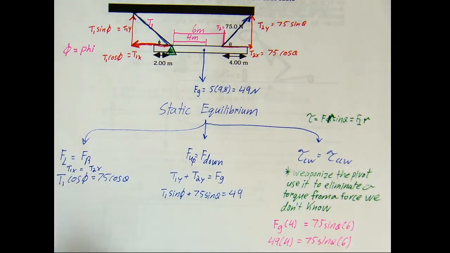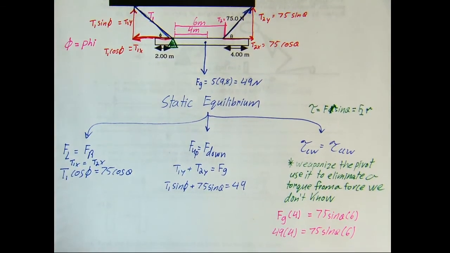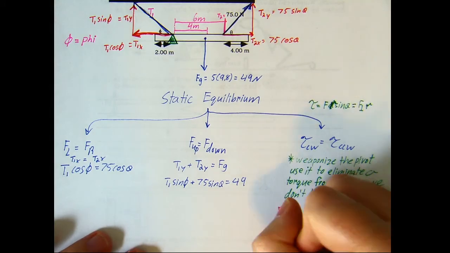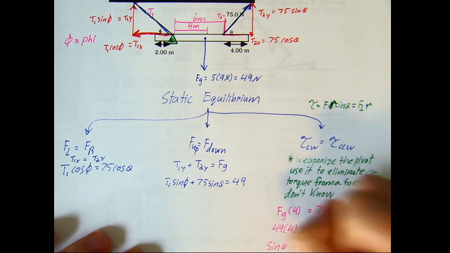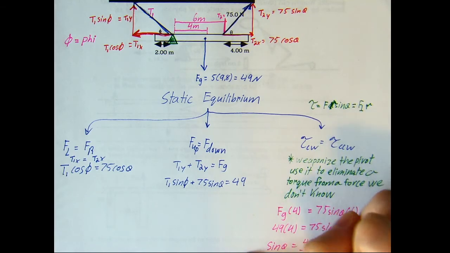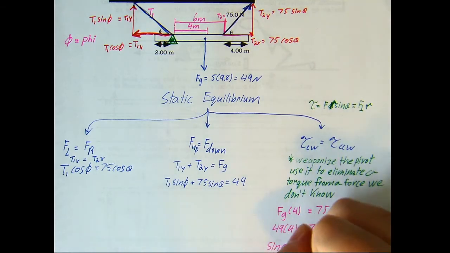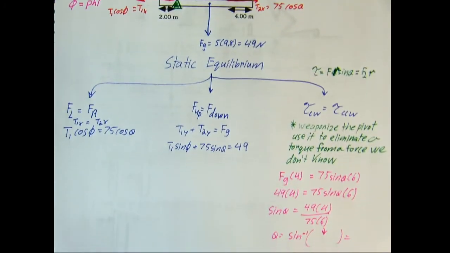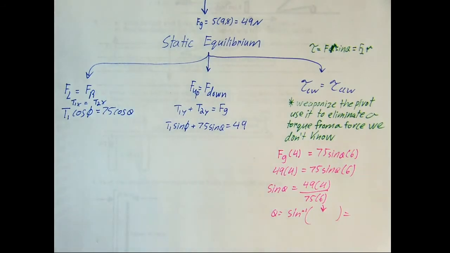Now, we can see in that torque equation there's only one piece of information we don't know. We don't know theta, so that's going to be really easy to solve. Sine theta is going to equal 49 times 4 divided by 75 times 6, so theta is going to equal the sine inverse of that mess. I'll slide this down here so you can see what I've done.